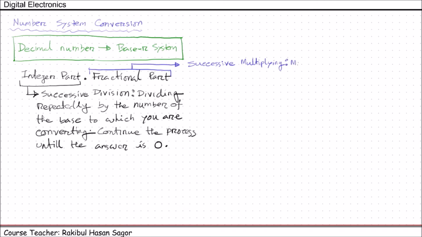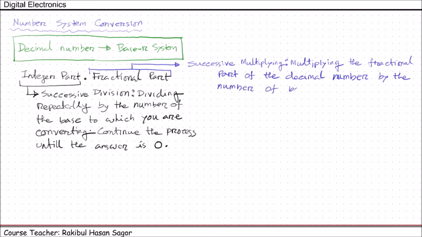It involves multiplying the fractional part of the decimal number by the number of base to which you are converting, and record the carry.